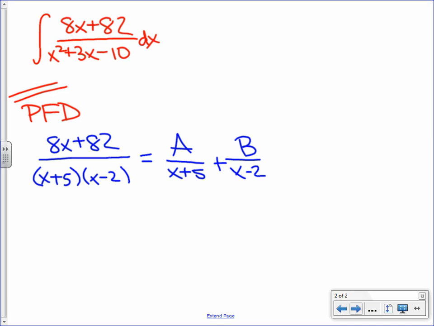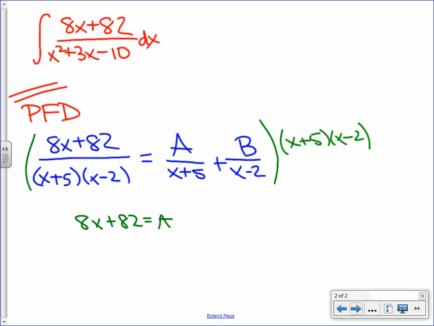We gotta figure out what those numbers are, okay? So, to help us figure out what A and B are, let's multiply by our common denominator. So that we are left with 8x plus 82 equals A times x minus 2 plus B times x plus 5.